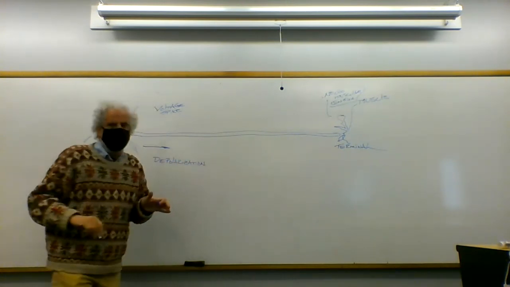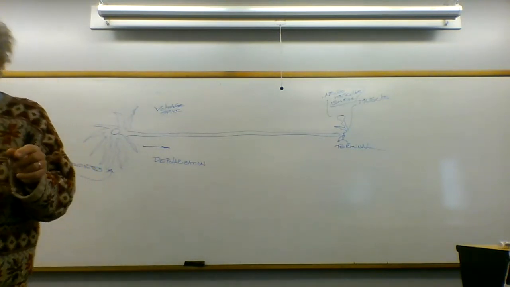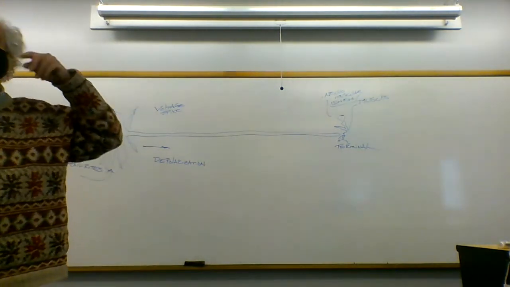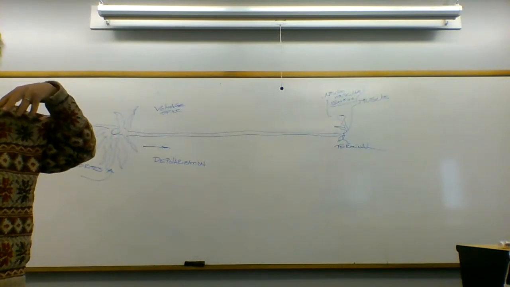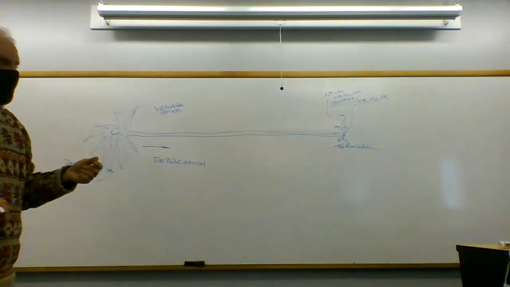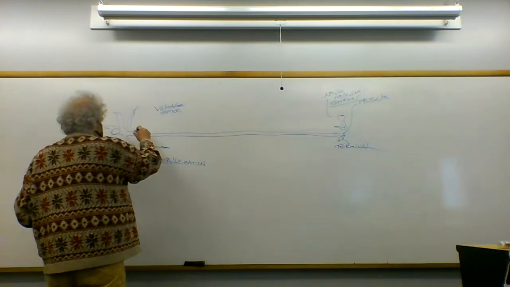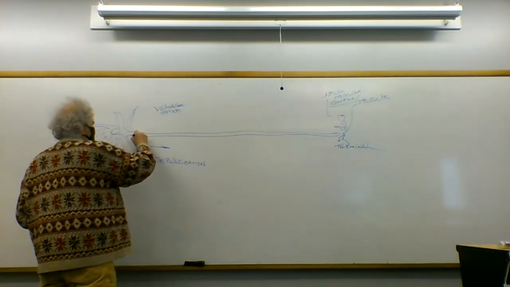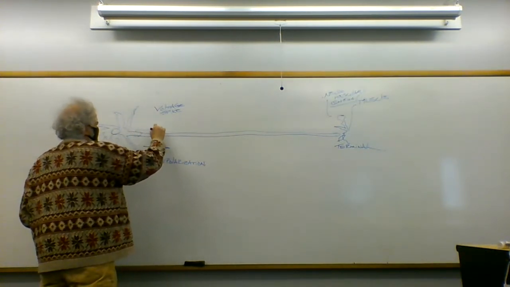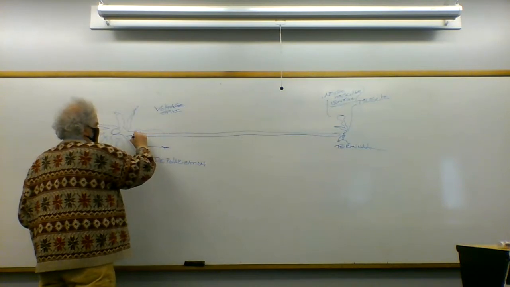Now we're going to oversimplify this a significant amount. In most animals, the axon is actually covered with a tube of insulation known as the myelin sheath.